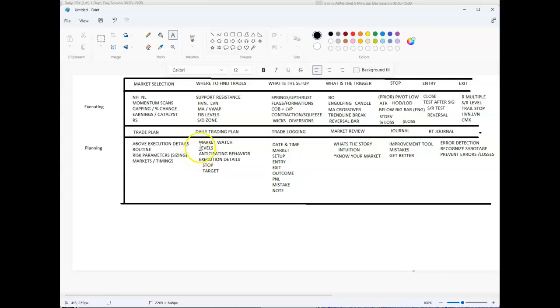Anyway, so levels, and once you have your levels, you want to be anticipating behavior, meaning what is going to happen at that level. So let's say you have a support level, right? You have a breakout and you have a test of the breakout at that level.